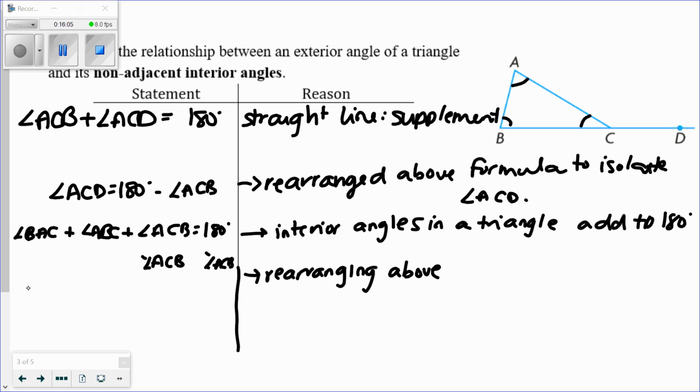So now what I have is angle BAC plus angle ABC is equal to 180 degrees subtract angle ACB.